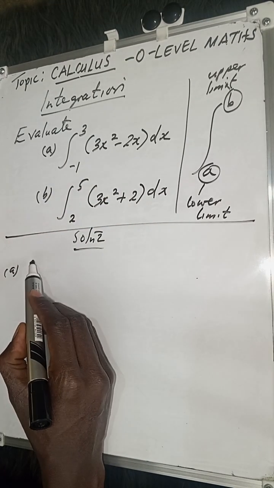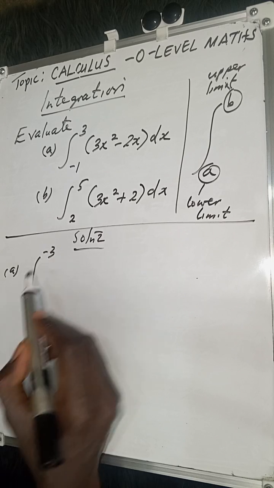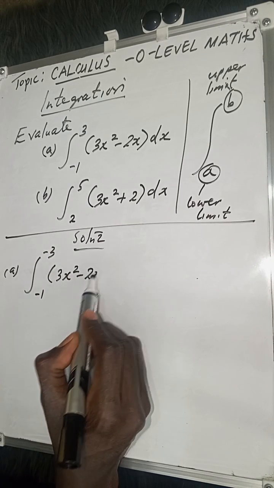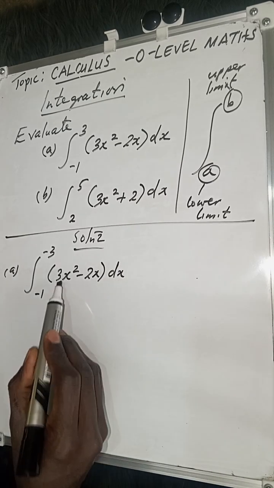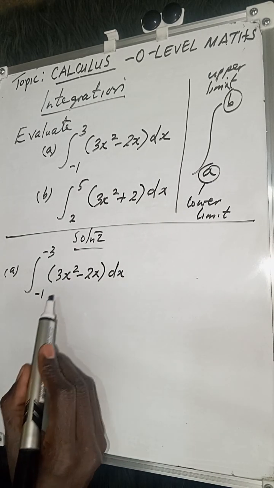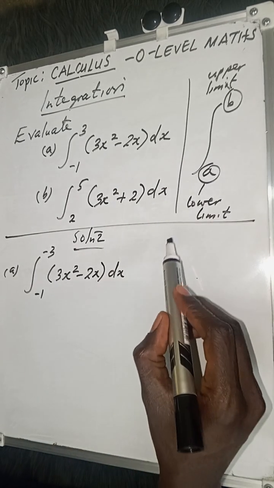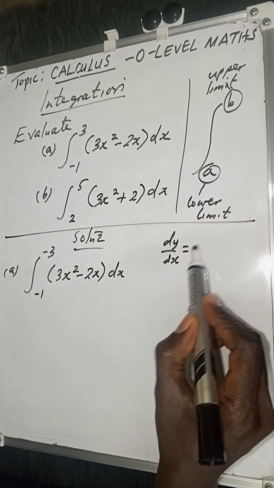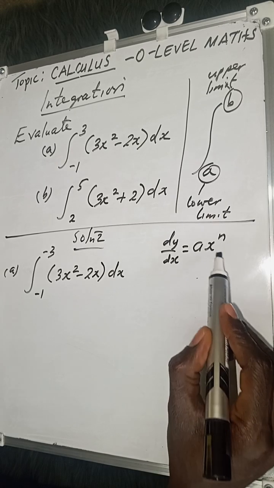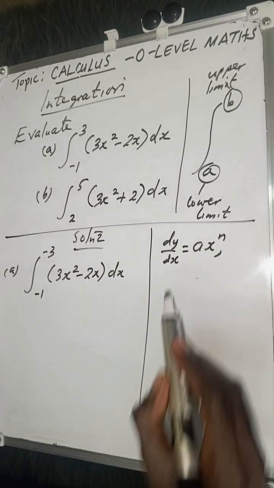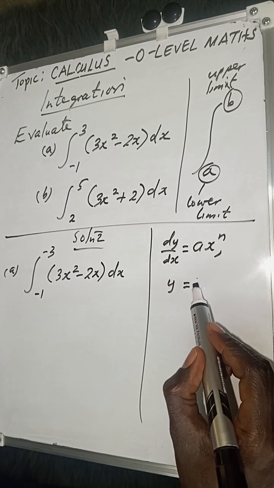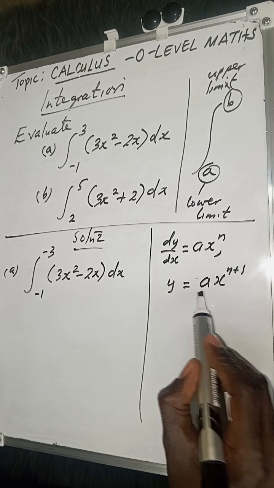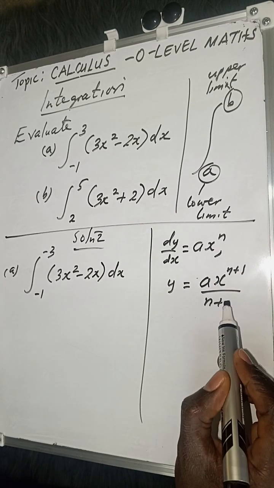So therefore they have given us to say we integrate 3x squared minus 2x with respect to dx. So remember, when you start integrating there, this is where we said if they have given you dy over dx as ax raised to the power n, and you want to get back to the original expression, what we do is that you add to your index, it will increase by 1, then divide by the new power, which is n plus 1.